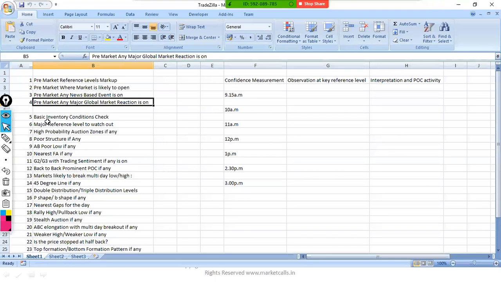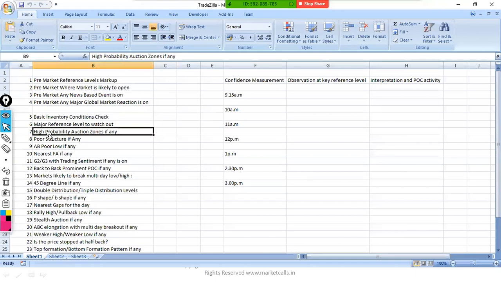And then we'll be doing a basic inventory check, which I'll talk about later on. What are the major reference levels I have to watch for today? Again, you have to write down all those reference levels. What are the high probability auction zones? Are you seeing any AB poor lows or failed auctions, G2, G3?